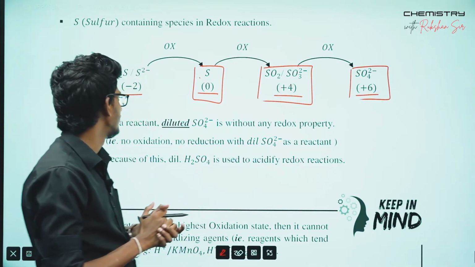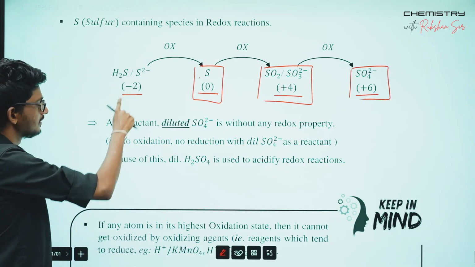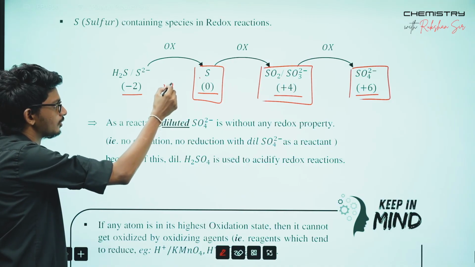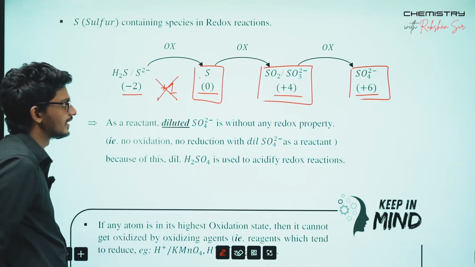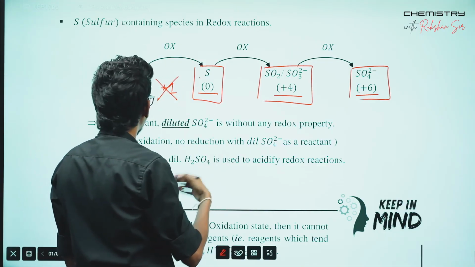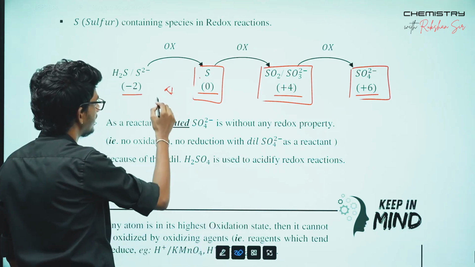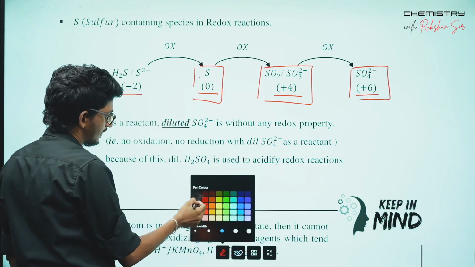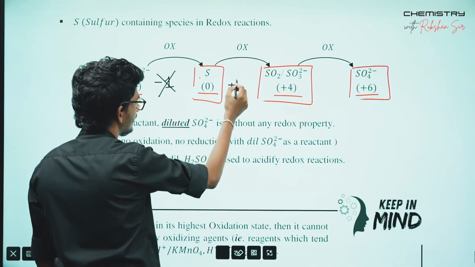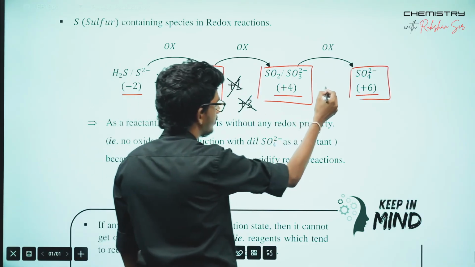Keep that in mind. Normally, the even-numbered oxidation states are available with sulfur. -2 is there, then 0. You don't have -1, you don't have +1, +3 is not there, and +5 is not there with sulfur.